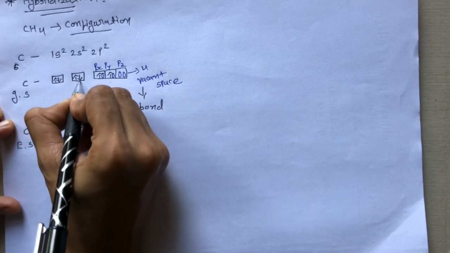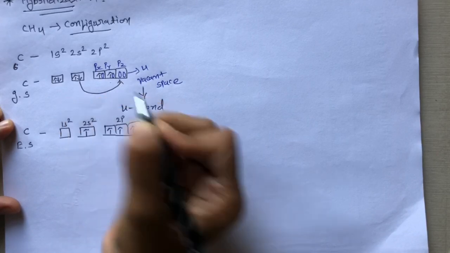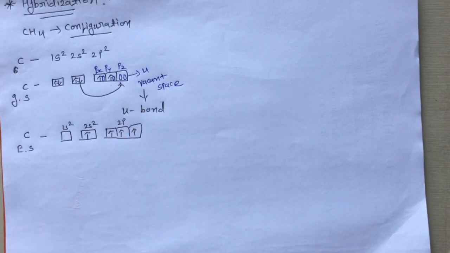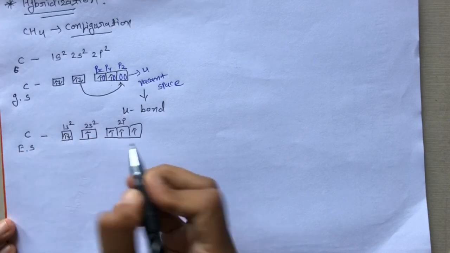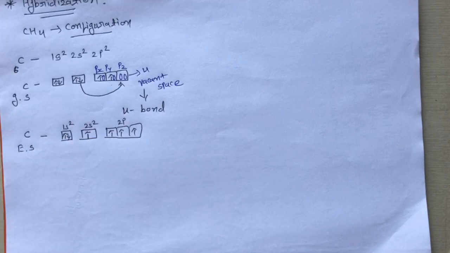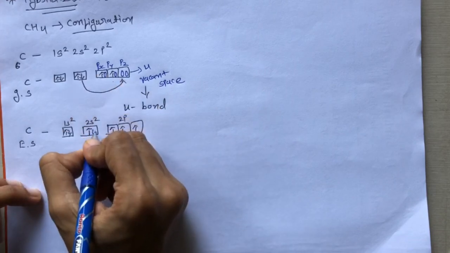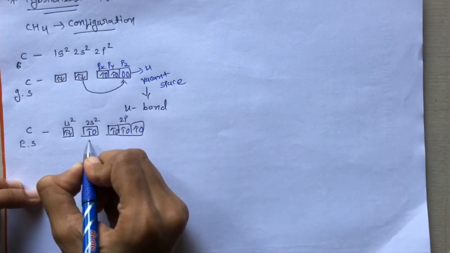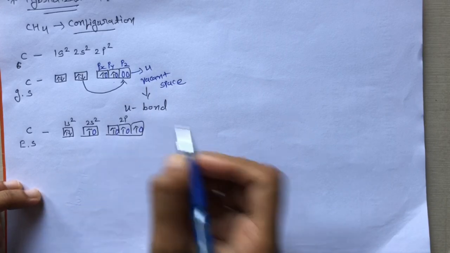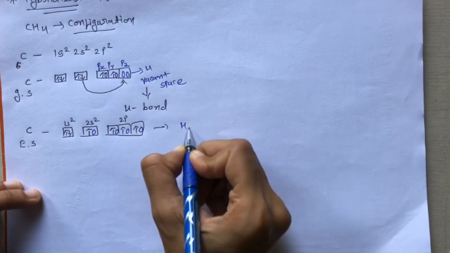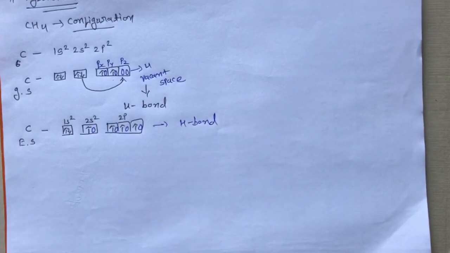This electron gets promoted into the pz orbital, right? Now in all these vacancies, I can give one electron from hydrogen to make a bond, right? Each hydrogen brings one electron and gets paired, and you will have a bond.